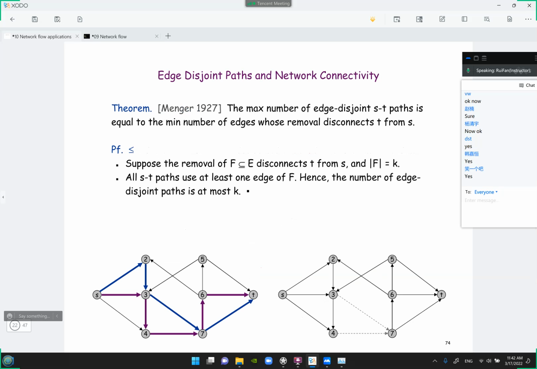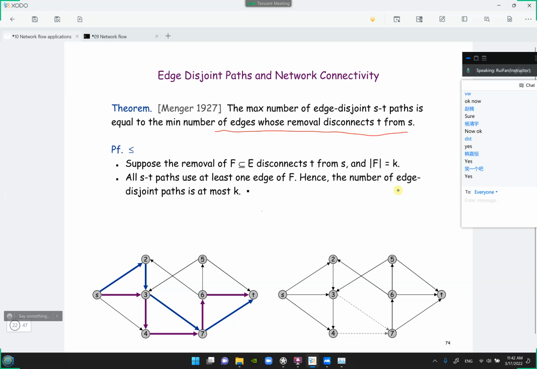So there's this famous theorem by Menger, again almost 100 years ago, which says that the minimum number of edges needed to disconnect your network is equal to the maximum number of edge disjoint paths.